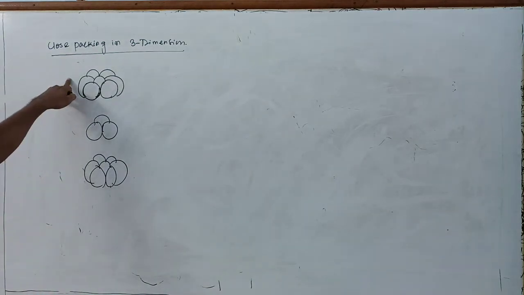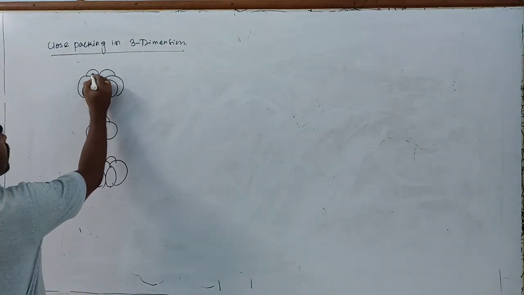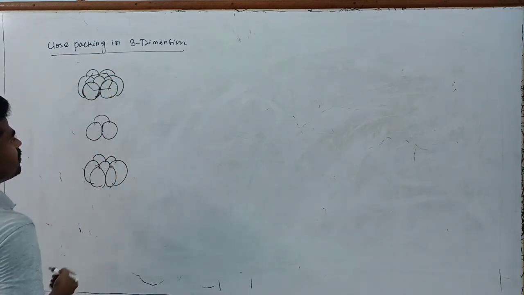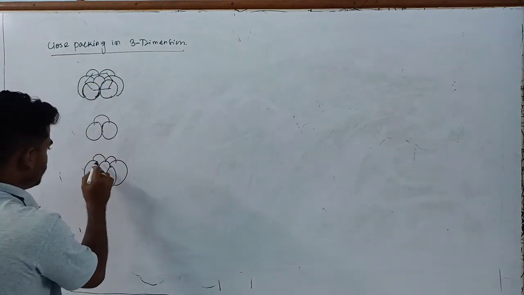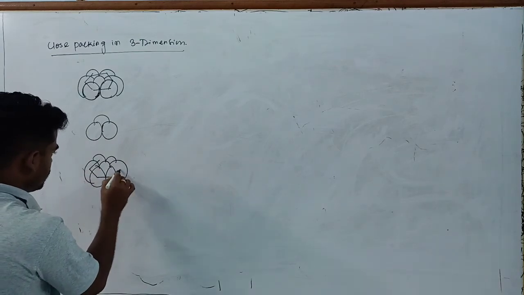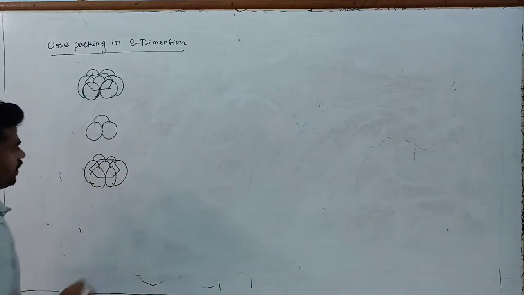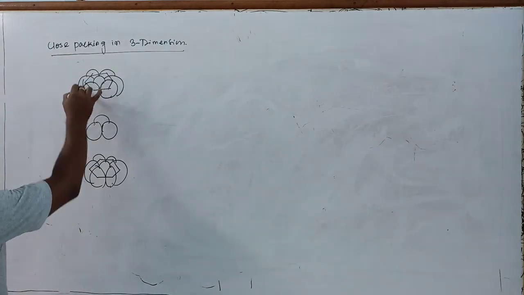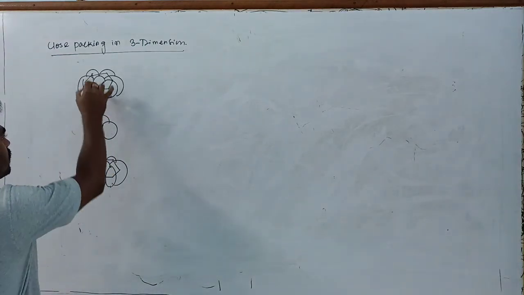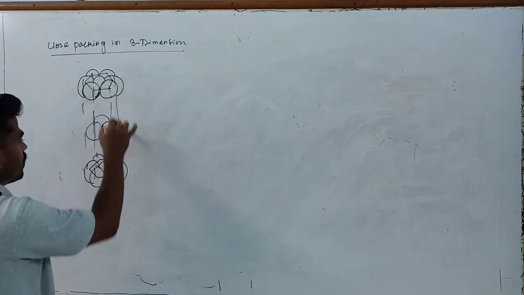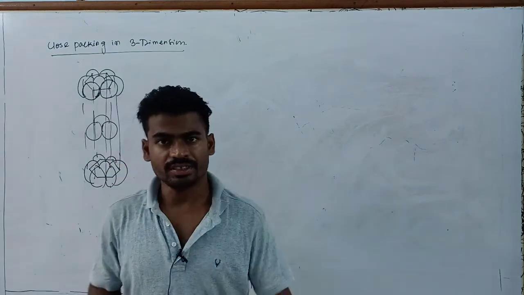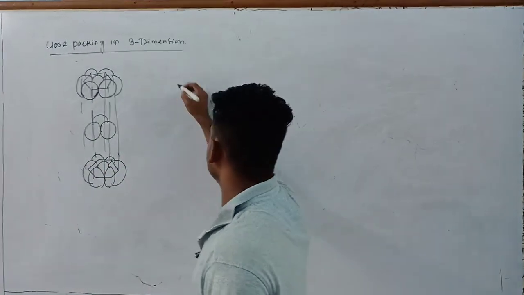A, B, A. So if you join all of these centers, that is a hexagon, and 3 spheres are present over here, and also this one hexagon. So this is called the hexagonal unit cell. If I connect all these corners through lines, then I am getting one hexagonal unit cell. It is something like this.